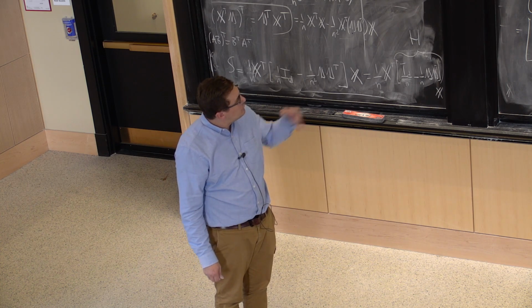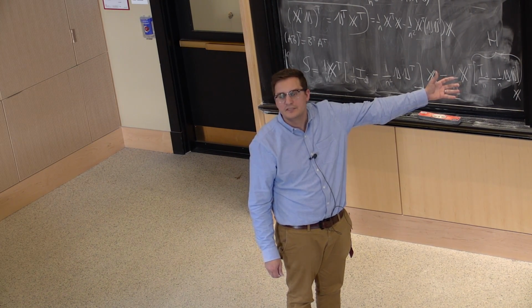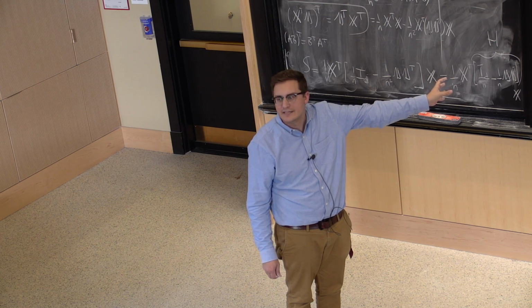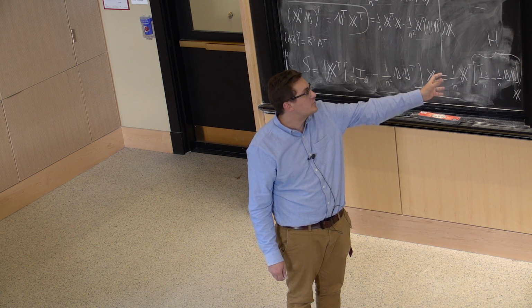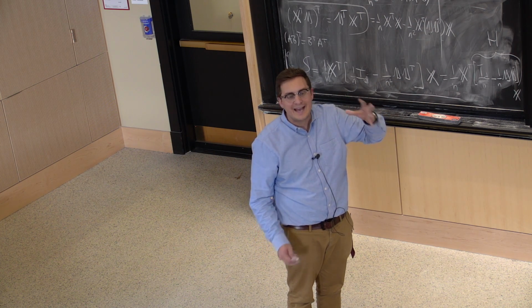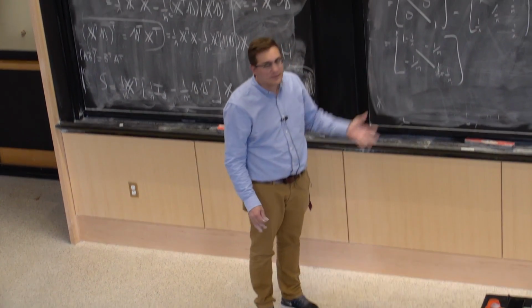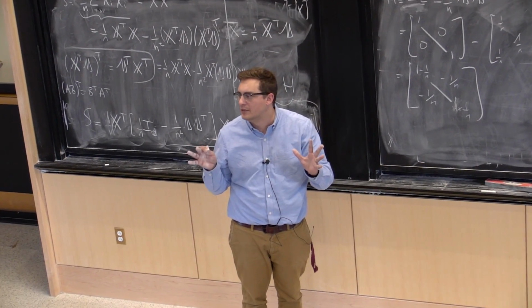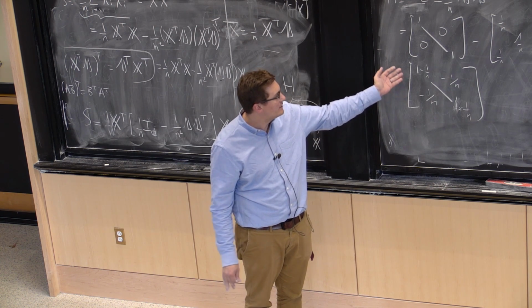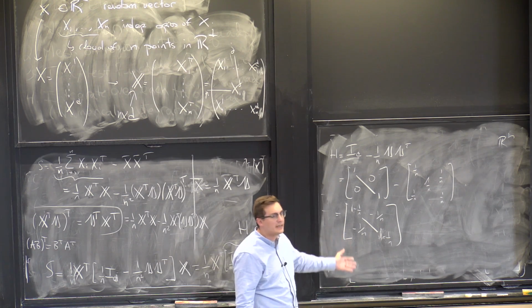Now, I'm writing this, but this is completely useless. This is just a way for you to see that it's very convenient to think about this problem as a matrix problem, because things are much nicer when you think about the actual form of your matrices. Imagine you're sitting at a midterm, and I say, here's the matrix that has 1 minus 1 over n on the diagonals and minus 1 over n on the off diagonal.